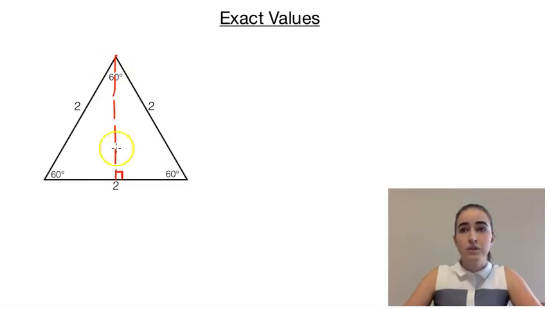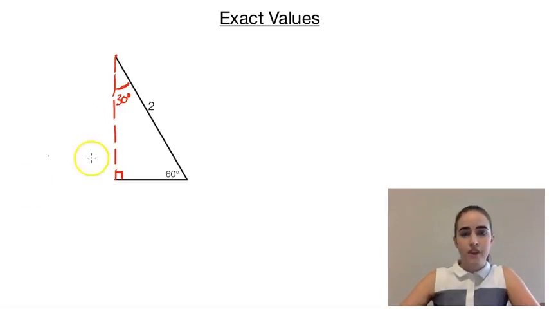And because it's an equilateral triangle and we've dropped it straight down, it's going to bisect this angle at the top. That means it's going to cut it in half, which means that this bit here is now 30 degrees. Okay, so I've just rubbed out the half of the triangle that we're not interested in, but we now have a right angled triangle with an angle of 30 degrees and an angle of 60 degrees.